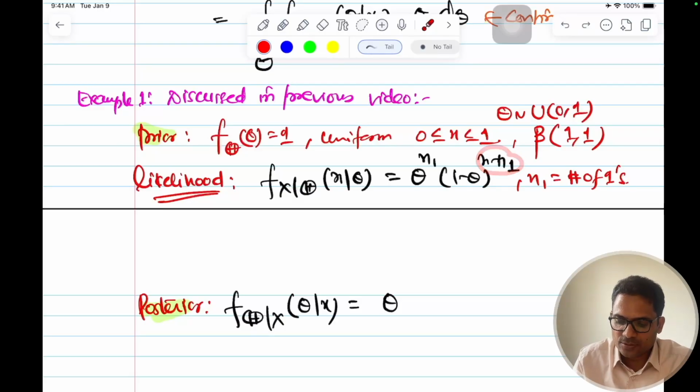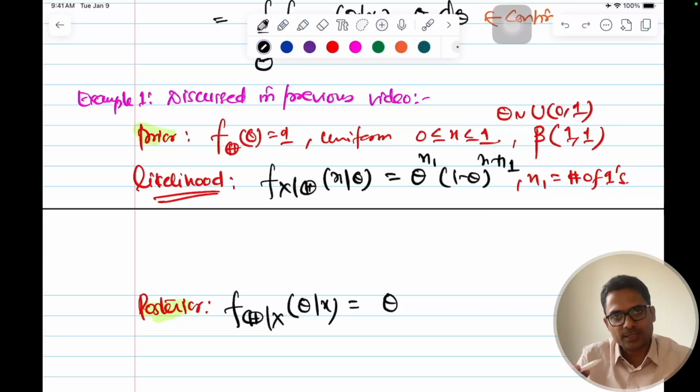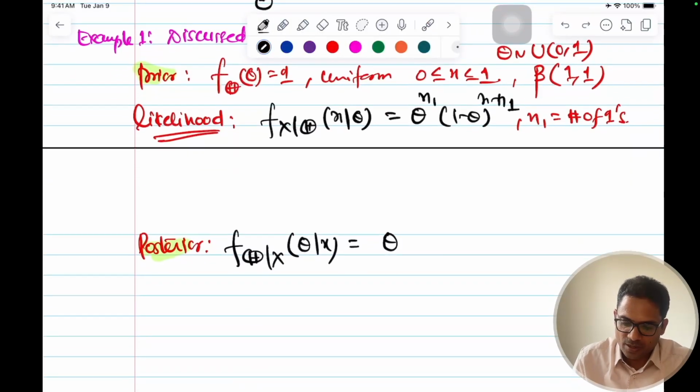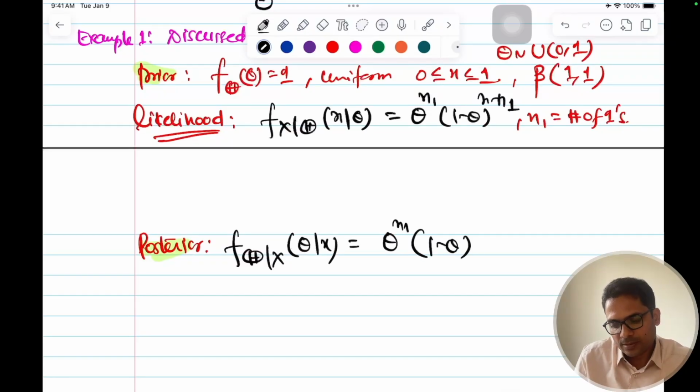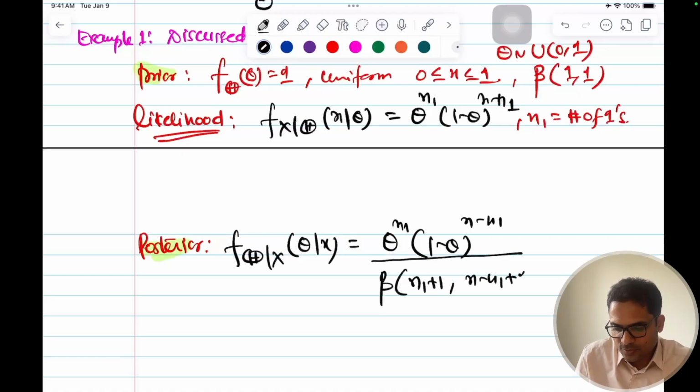Theta was the probability of success, and 1 minus theta the probability of failure, and we have to find this parameter theta. After doing this analysis, we found that the posterior was theta to the n1 times 1 minus theta to the n minus n1 divided by beta of n1 plus 1 and n minus n1 plus 1.